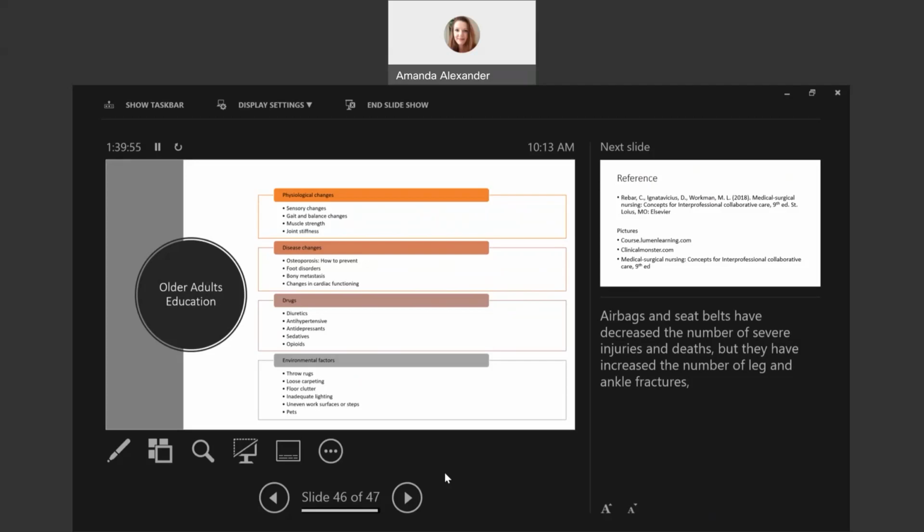So drugs, some of the things that we're going to discuss with older adults are diuretics. So furosemide and the other diuretic, I can't remember the name at the moment. Anyways, it will actually set the patient up for risk for falls. If you think about what diuretics do, diuretics help you pee.